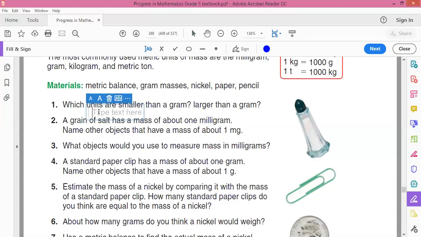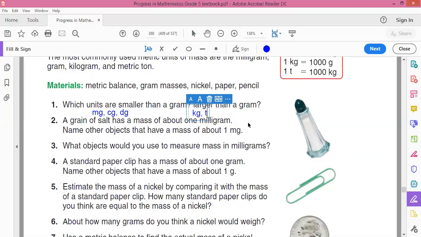And larger than gram are kilogram, kg, and metric ton, T.